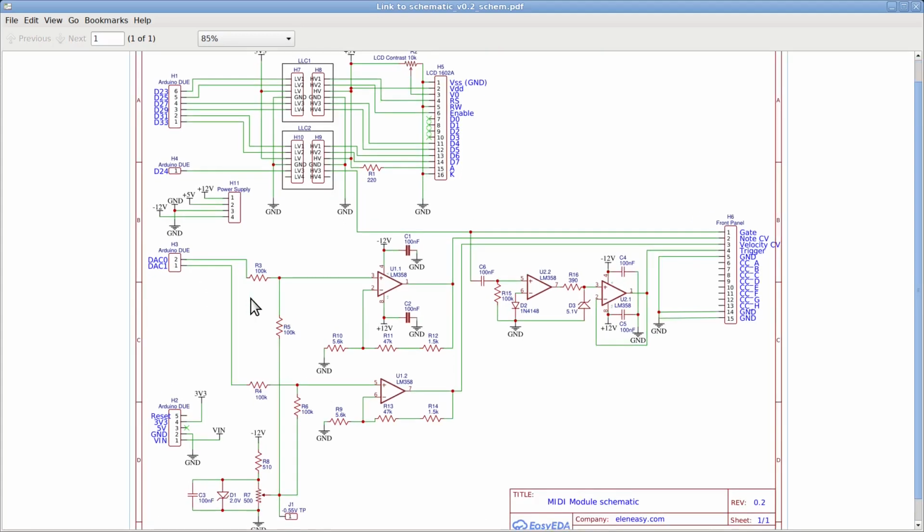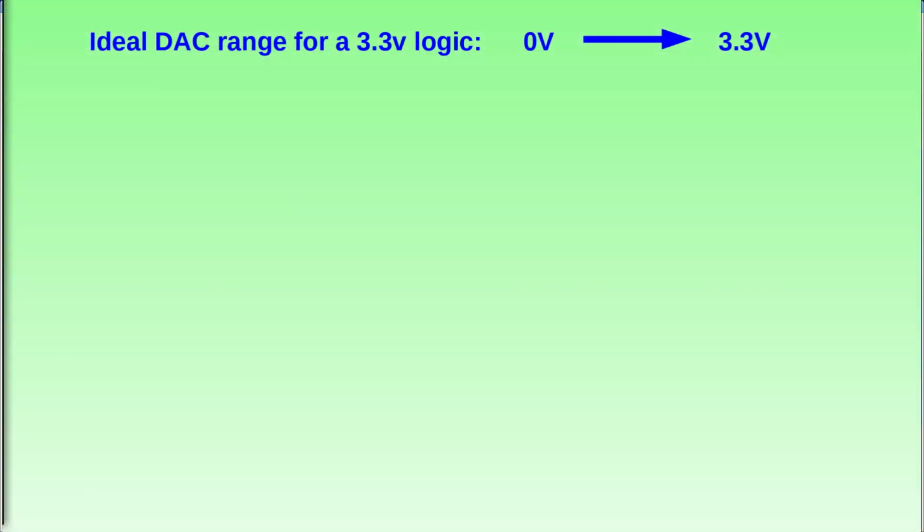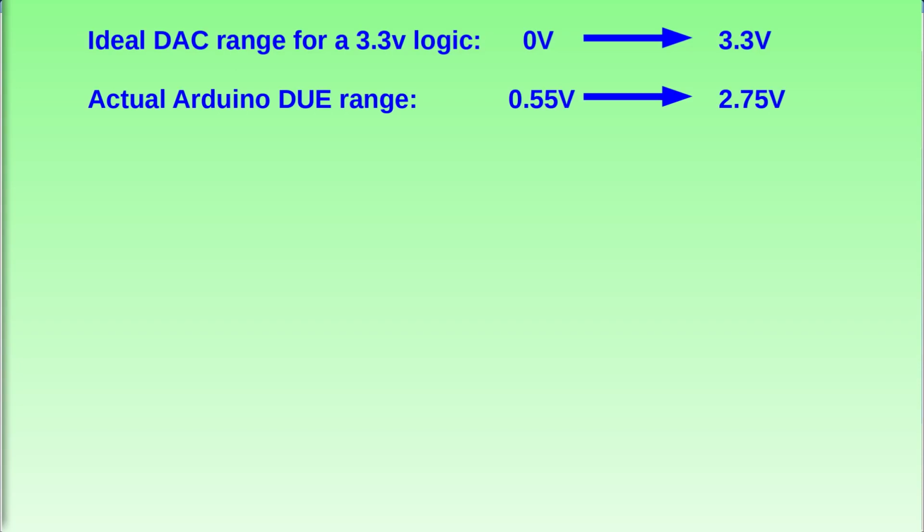The important thing to note here is that the Arduino Duo DACs do not provide a range of voltages starting from 0 and going to 3.3V. Instead, they provide a range that goes from a minimum of 0.55V to a maximum of 2.75V.